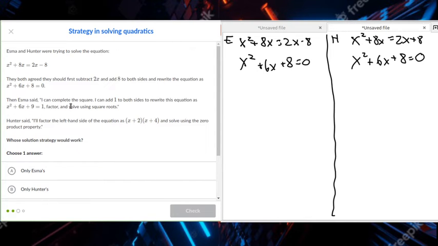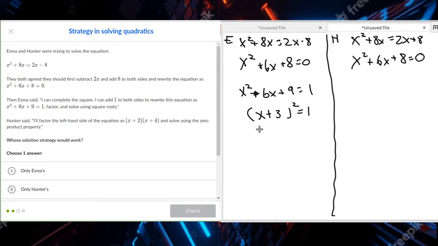Then Emma said, I can complete the square. I can add 1 to both sides to rewrite this equation and solve using square roots. So she's going to add 1 to both sides, say x squared plus 6x plus 9 equals 1. And then we'll get x plus 3 squared equals 1.